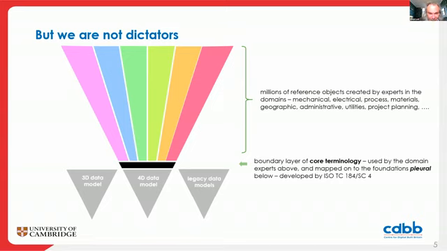Within here, we're going for this 4D analysis, and it is especially powerful for sorting out the terminology. But we can't impose it on everybody, and there are legacy data models which are out there.